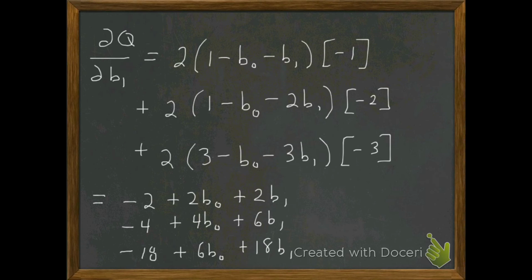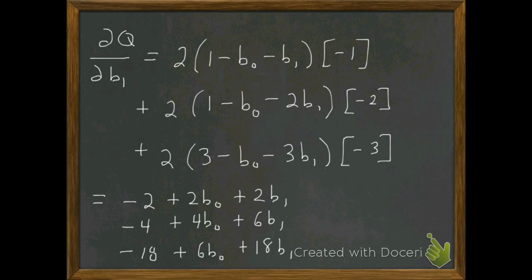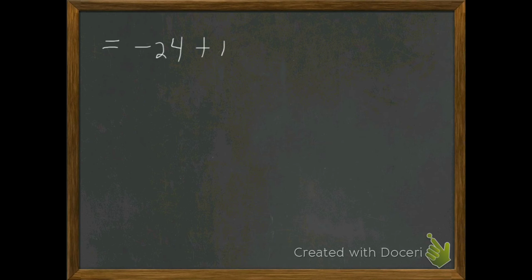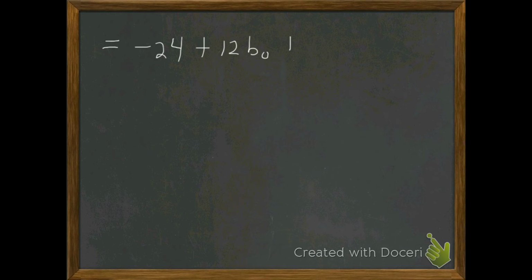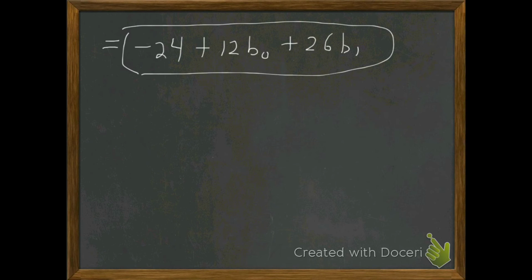So guys, it looks like we've got negative 24 plus 12B0 plus 26B1. So ultimately, this is the partial of Q with respect to B1.